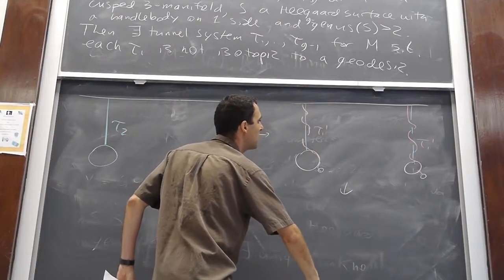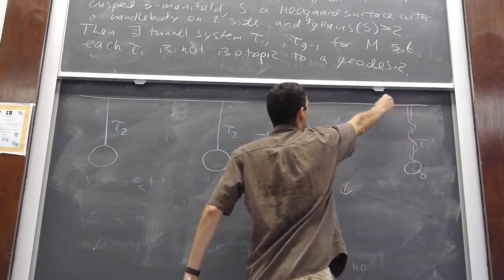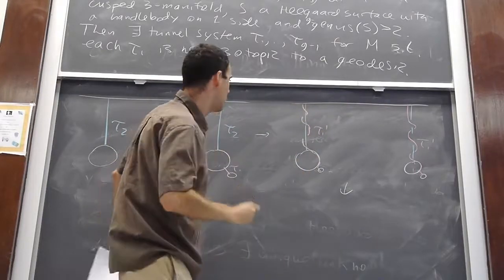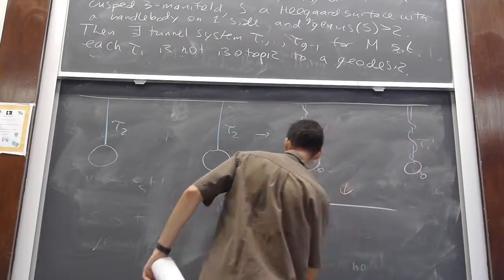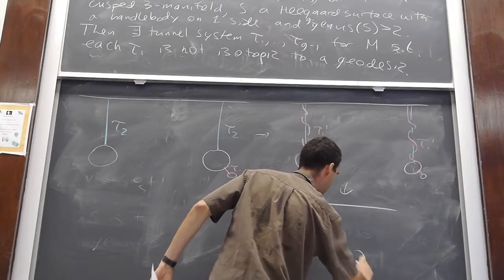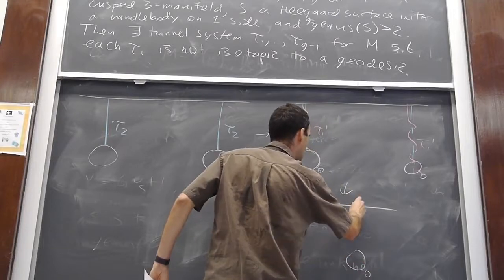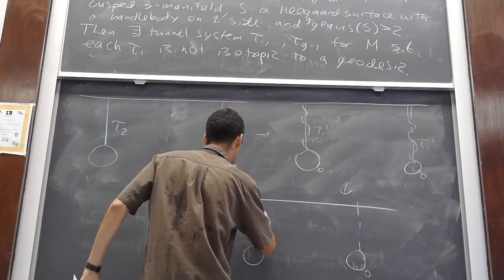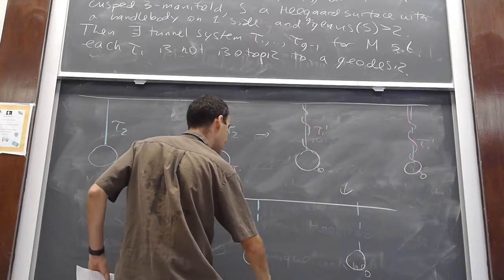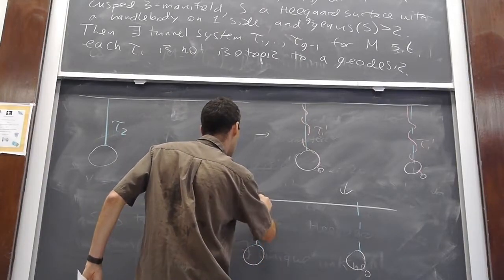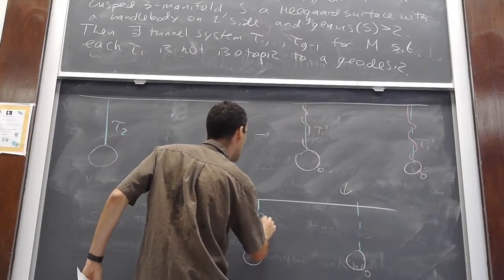And then I'm going to keep dragging it along the horizontal and over tau 2 again. So there's this other lift.